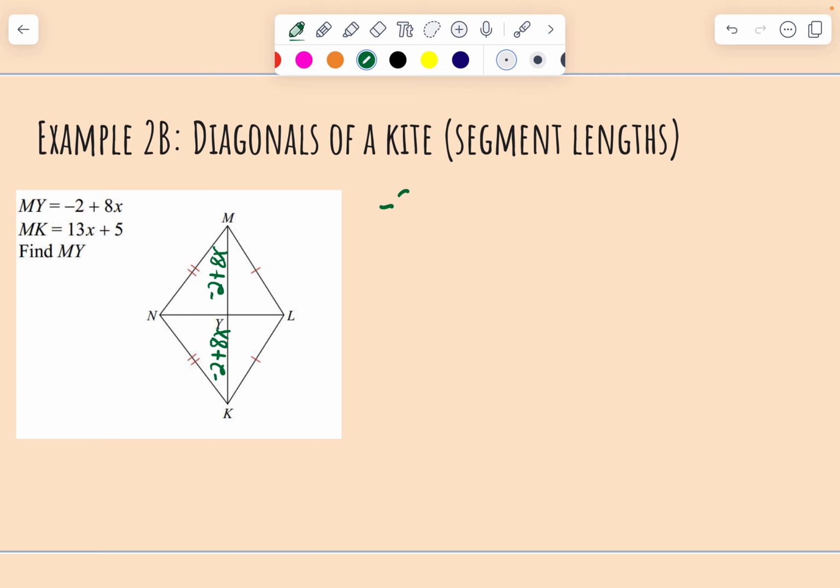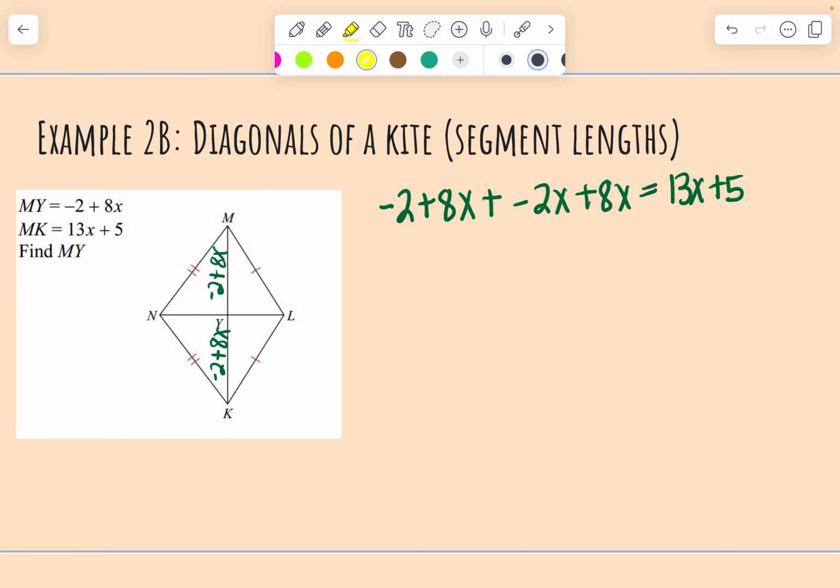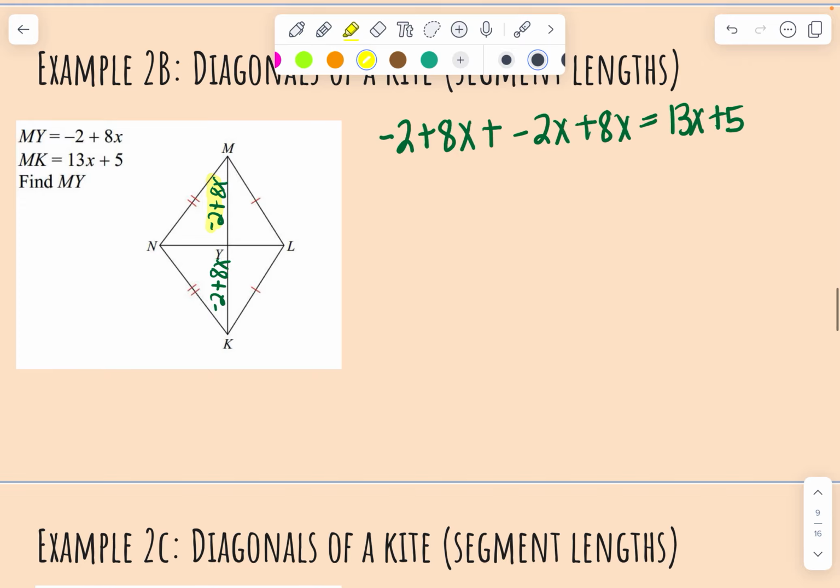So I can say negative 2 plus 8x plus negative 2 plus 8x equals that whole thing, which is 13x plus 5.